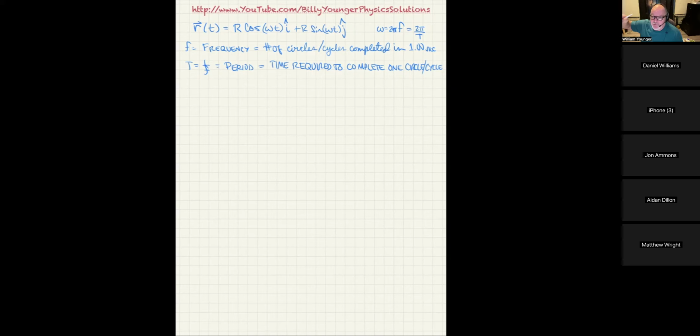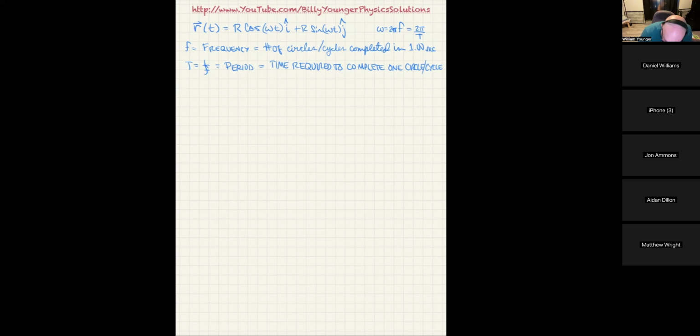That's one whole cycle. Notice I went from equilibrium to maximum elongation to equilibrium to maximum compression back to equilibrium again. That second equilibrium is one whole cycle. So that's what you need to have some understanding of when you're using this.